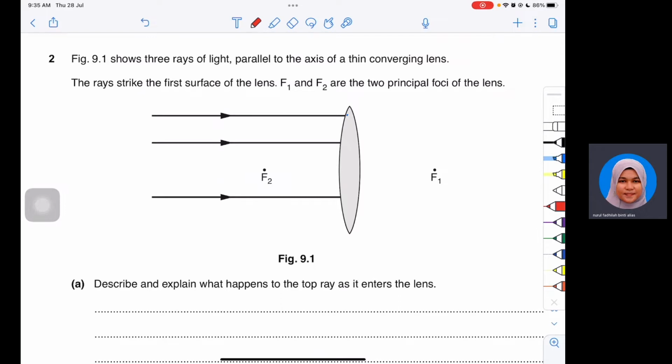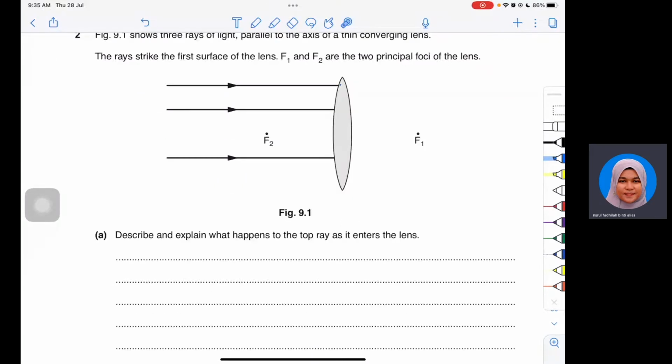F1 and F2 are the two principal foci of the lens. Describe and explain what happens to the top ray. This one. 3 marks for the explanation.